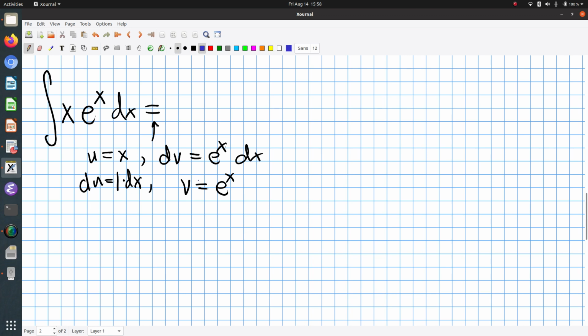All right, so once I've done that, then I pick out the formula. The formula says u times v, and that's these guys here, evaluated between my endpoints. I don't have endpoints, this being an indefinite integral, so there's a constant.